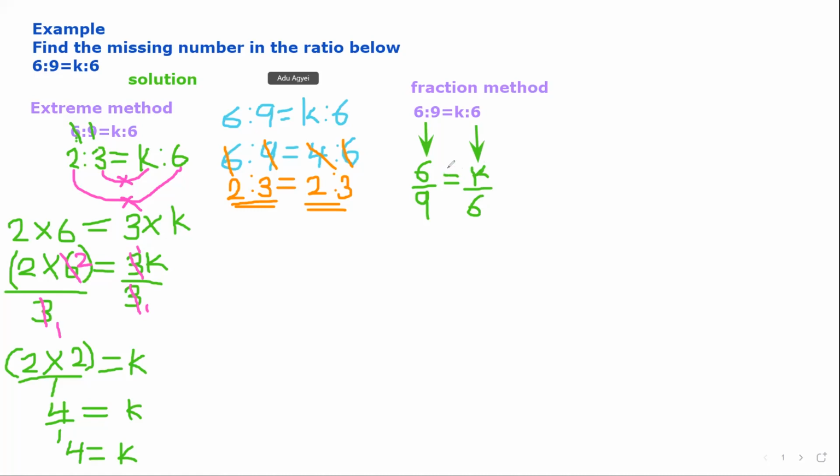Before you can do the cross multiplication to get your linear equation, check the other fraction, whether it can also be cancelled or reduced to its simplest form. Now, looking at the first one here, we have the 6 over 9. You find a common number to cancel this one here.